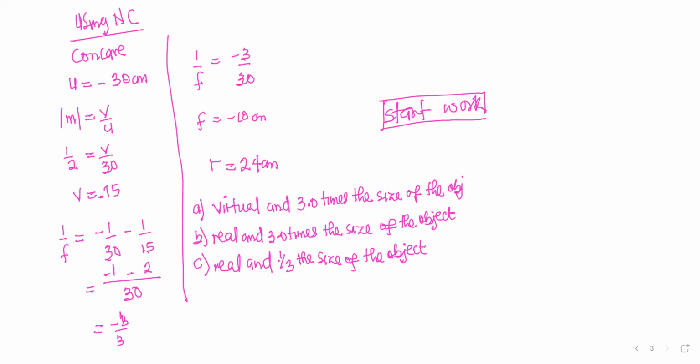Okay, so a concave mirror has a radius of curvature of 24 centimeters.